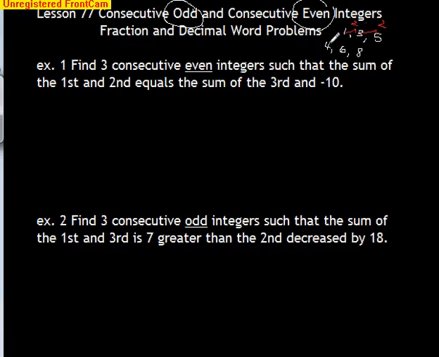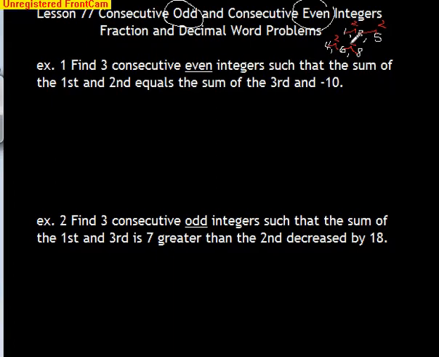And if you look at the consecutive even numbers, if you go from 4 to 6, we add 2. And from 6 to 8, we add 2. So when we do the consecutive even and odd problems, we're always going to add 2 instead of 1. When we were doing consecutive integers, like going from 4 to 5, you would just add 1. But when we're doing even or odd, we're going to add 2.